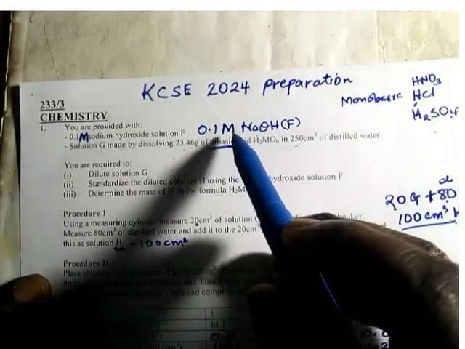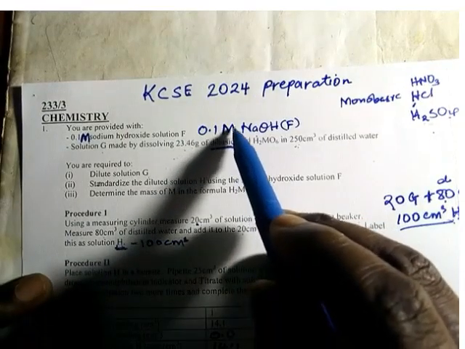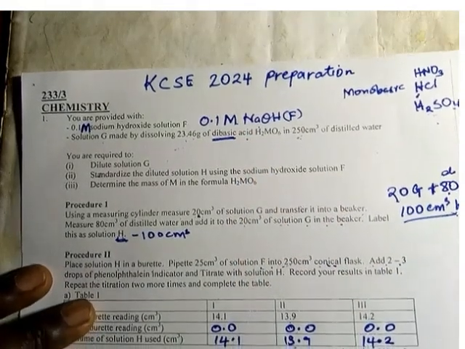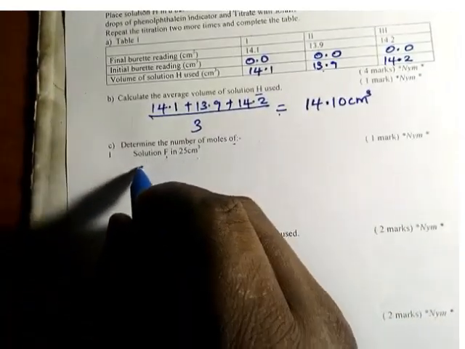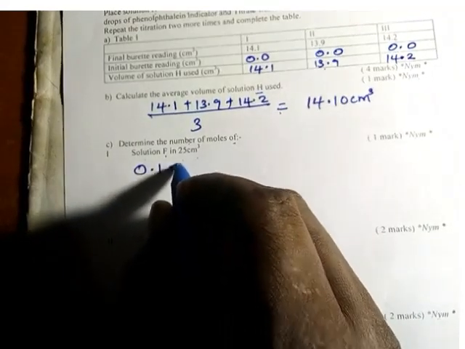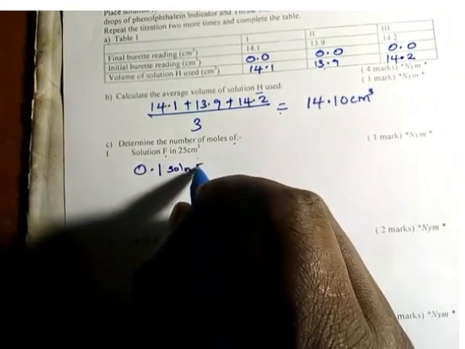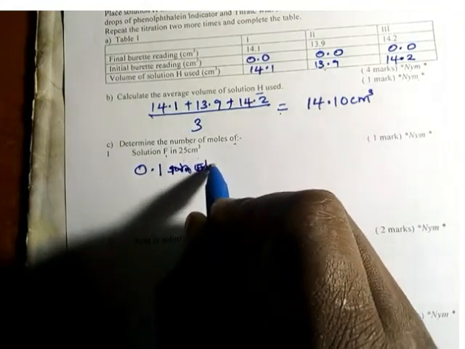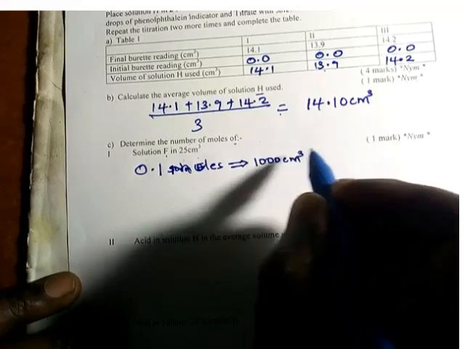This capital M stands for molarity, and molarity is the number of moles in 1,000 centimeters cube. So 0.1 moles of solution F are contained in 1,000 centimeters cube.